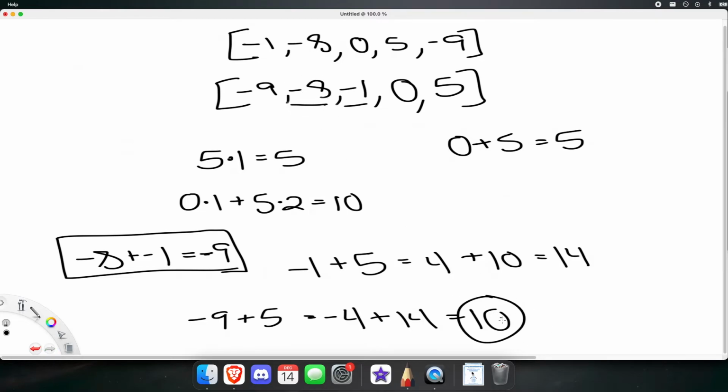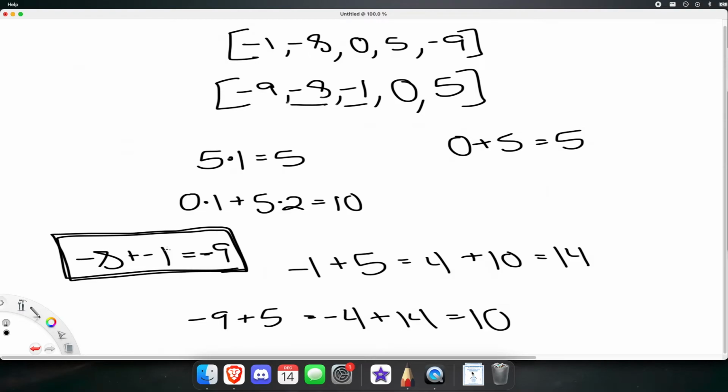And this 10 might remind you of the actual value that we calculated the long way in the beginning. So this calculation right here is very important, and this will tell us when to stop considering more negative numbers.